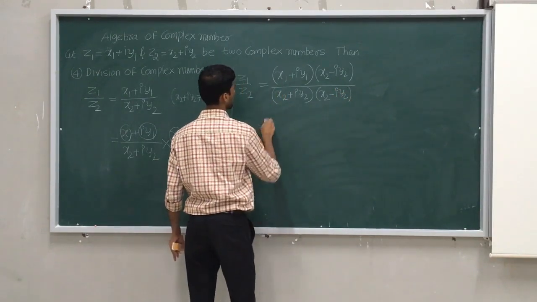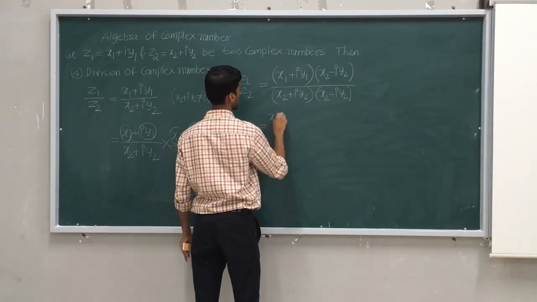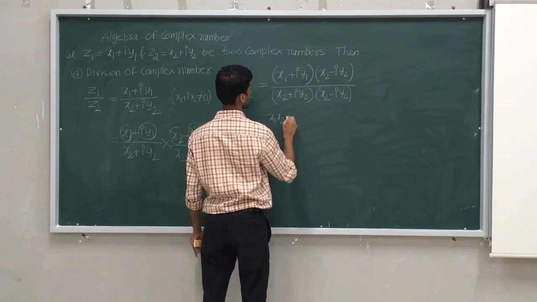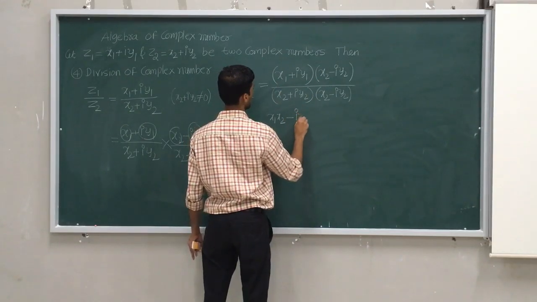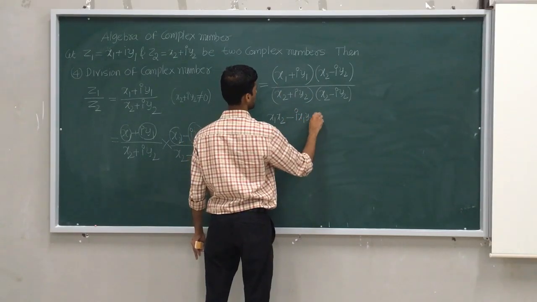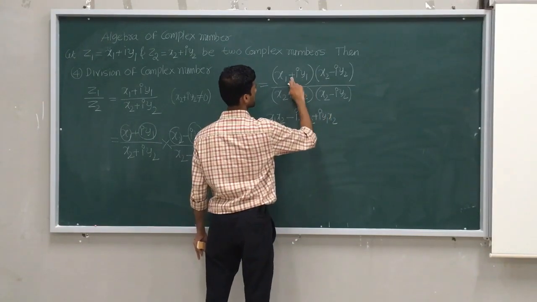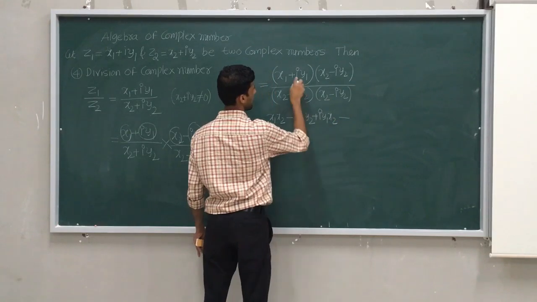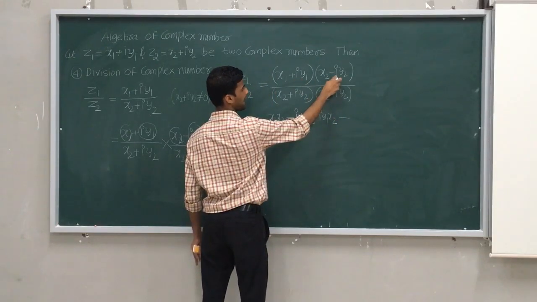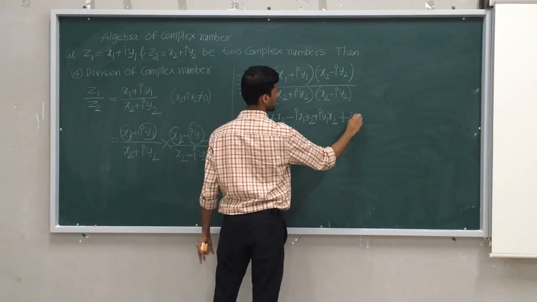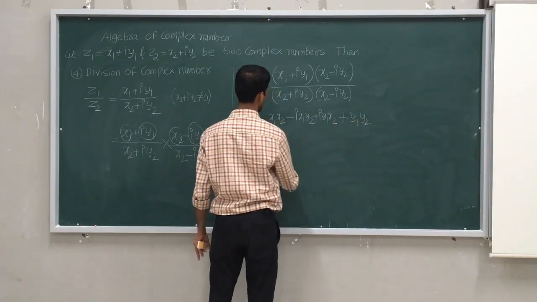Simply multiply the terms: x1 into x2, that is x1 x2, plus into minus, that is i times x1 y2, plus i times y1 x2, plus into minus i into i square, and i square I told is minus 1, minus and minus become plus, it is y1 y2.